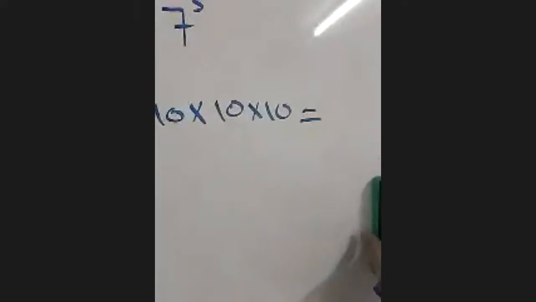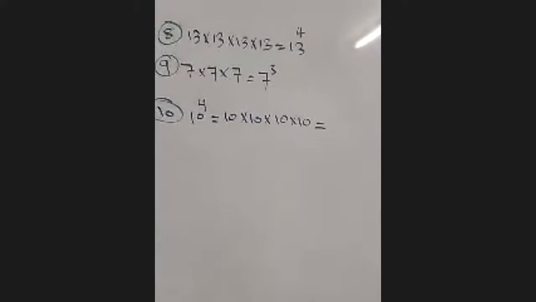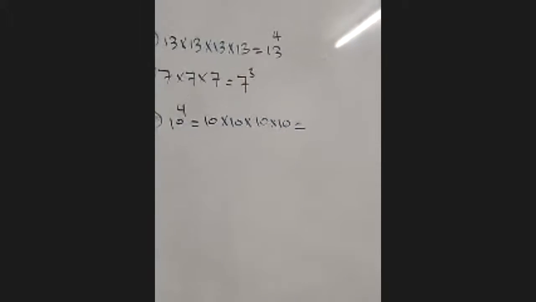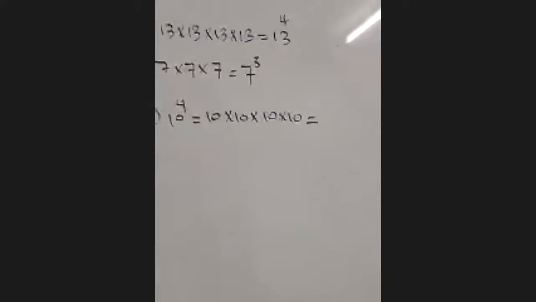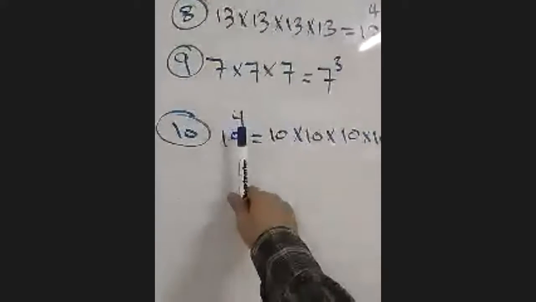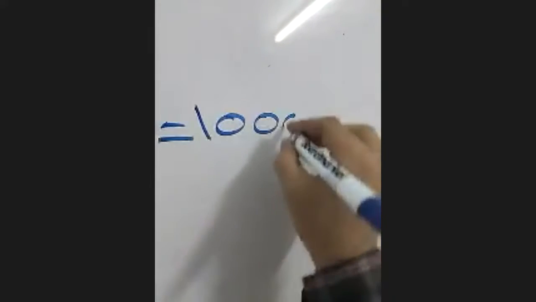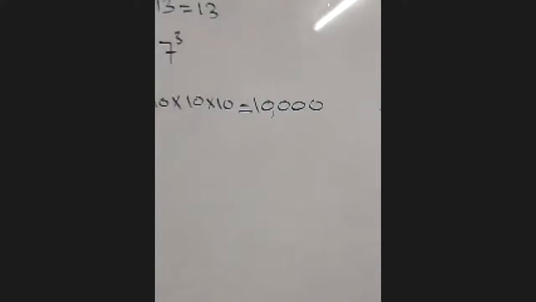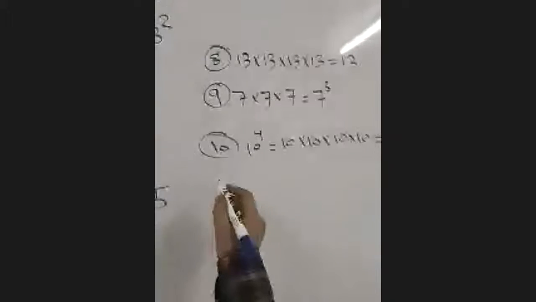I want the answer mentally, without calculations. 10,000. Guys, because the power is 4, we put 1 with 4 zeros, right? So the answer is 10,000. Excellent, Muawiyah.